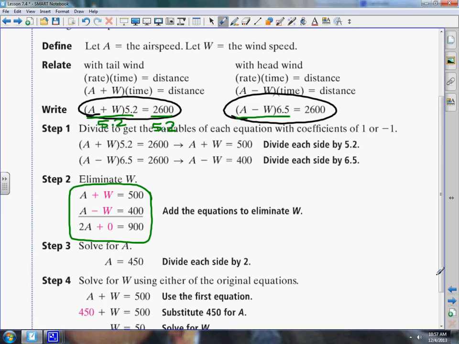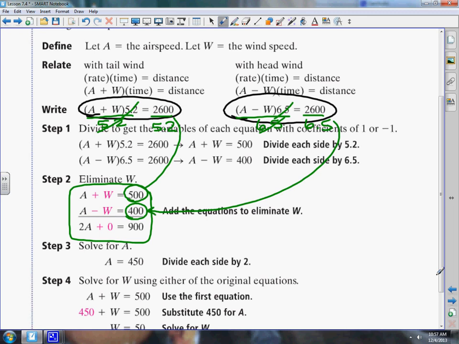Divided by 5.2 and divided by 6.5. So then the 5.2's cancel out and the 6.5's cancel out, and that's where they get the 500 and the 400, because 2,600 divided by 5.2 is 500, and 2,600 divided by 6.5 is 400.